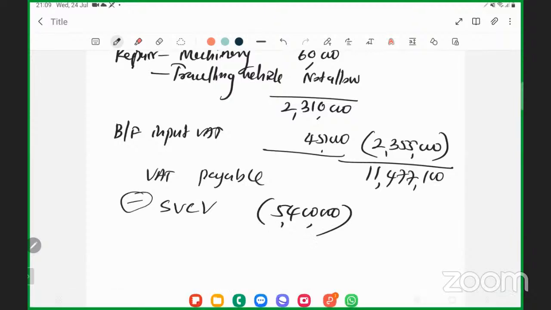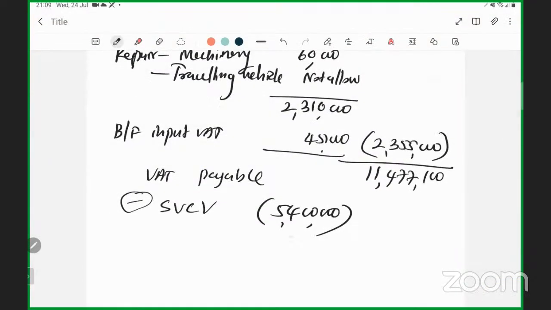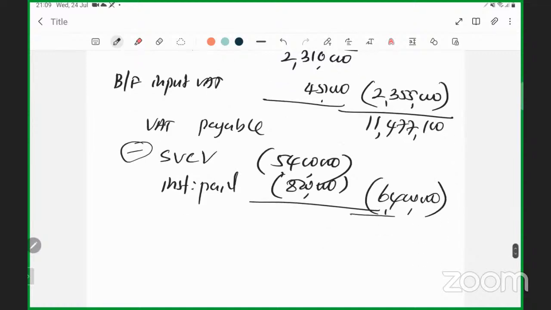So here the installment paid, 800,000, that also you can deduct. Installment paid altogether, you know that, 6.4 million. I made a mistake, 6.2 million, isn't it?